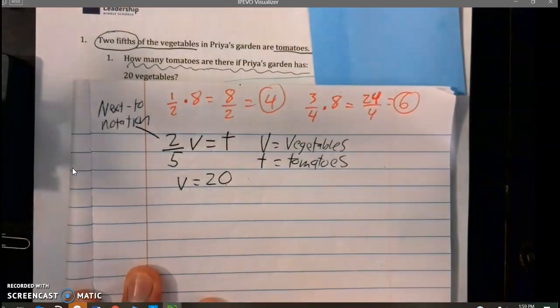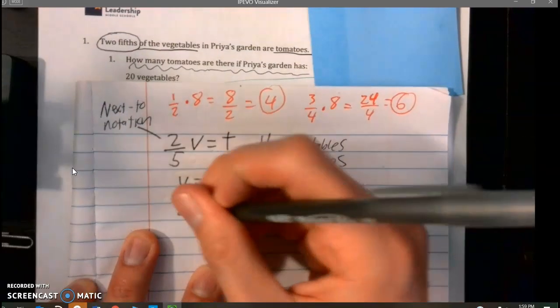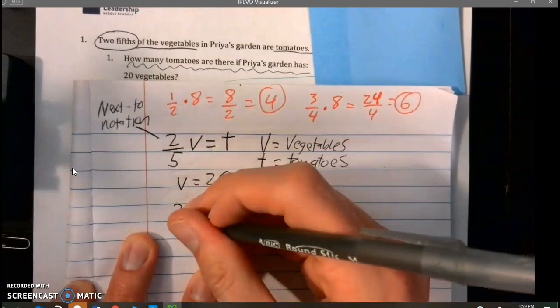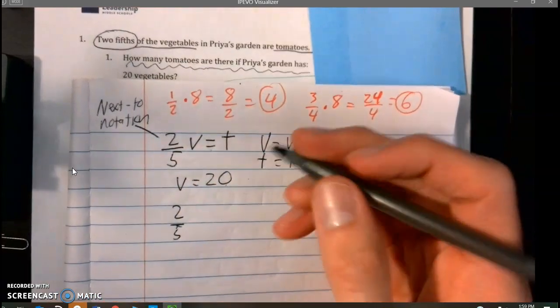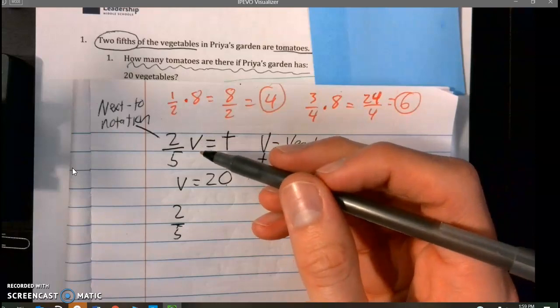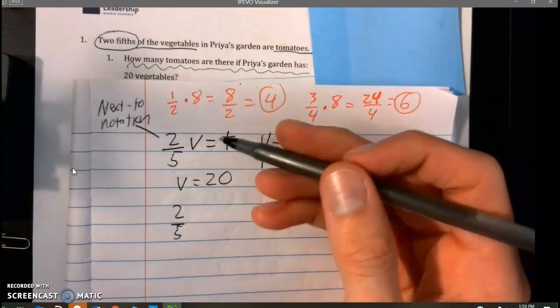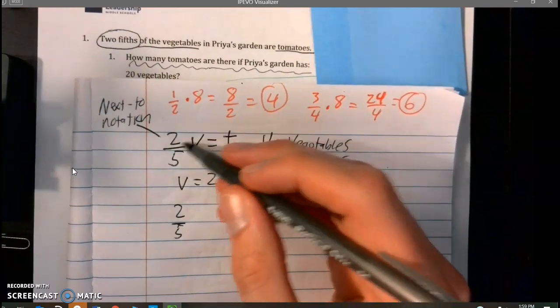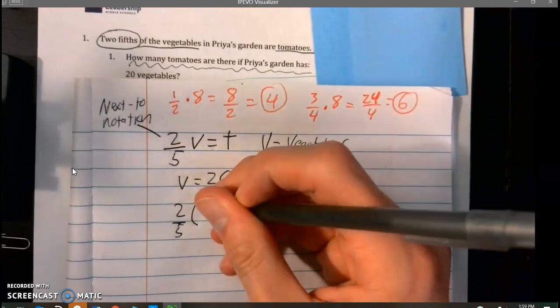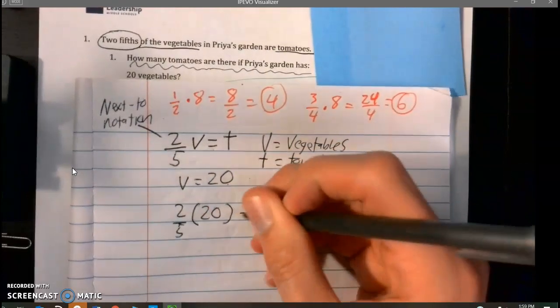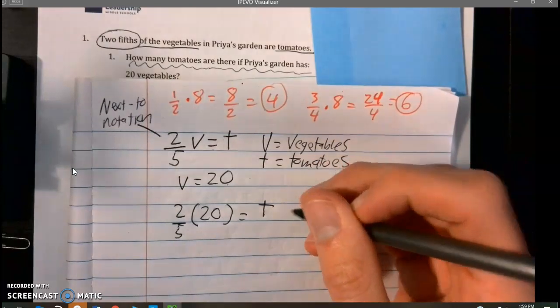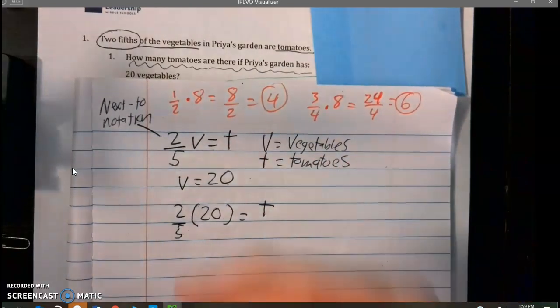Anytime you are given a value for a quantity, you need to substitute in. So substitution is the idea of replacing a variable, the letter, with a value. So 2/5 of the vegetables, well, there's 20 vegetables, so 2/5 of 20 will tell me how many tomatoes there are. All right?